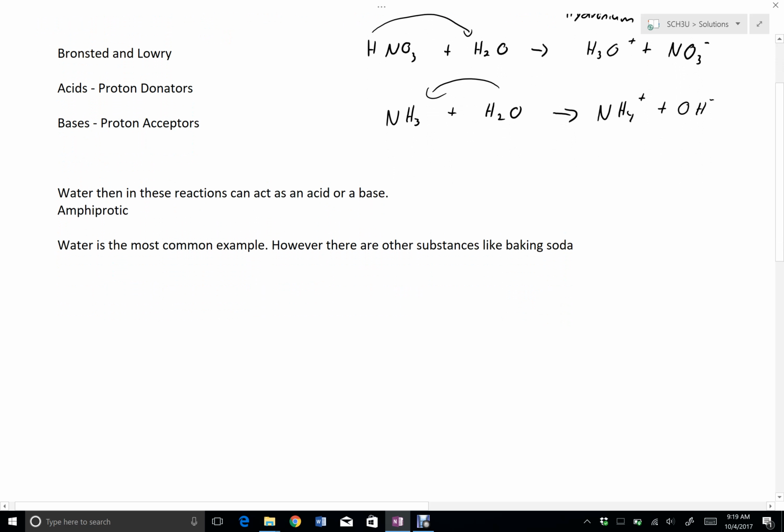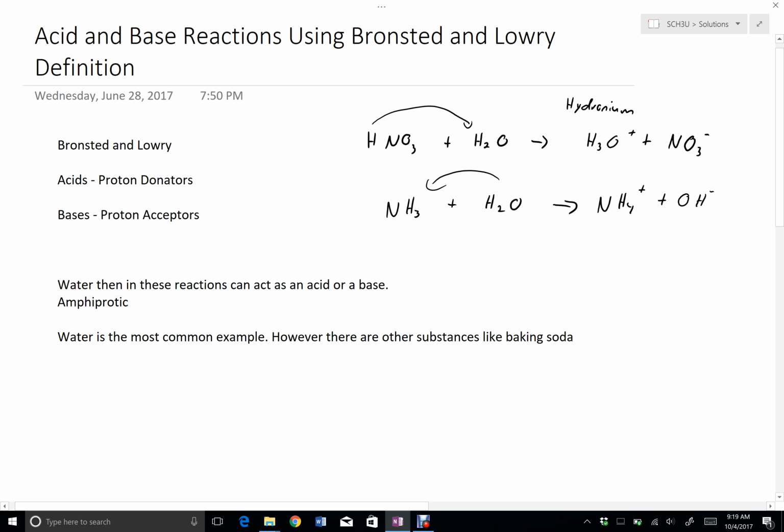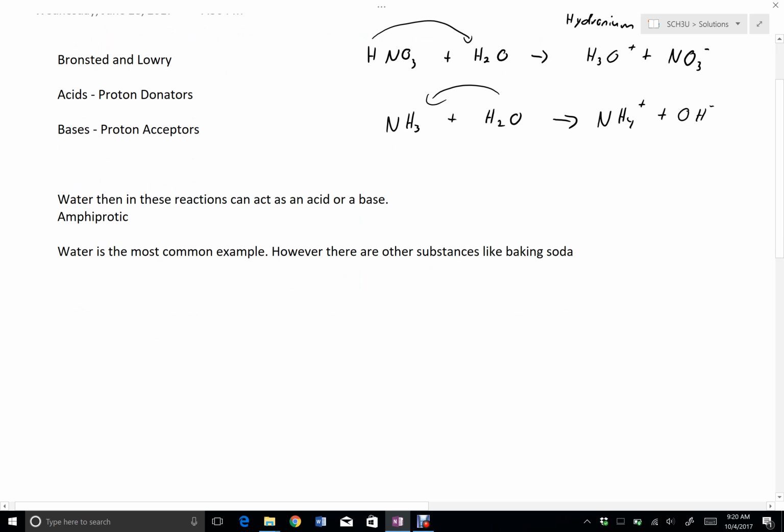Water then is a tricky substance when trying to define it as an acid or a base. Usually people would say it's neither, but it's a little bit more complex than that. Water is something that we call amphiprotic, which means that it can act as either an acid or a base depending on the situation. Water, for example, will react with itself to produce hydronium and hydroxide.